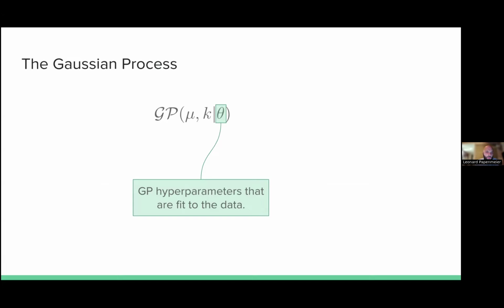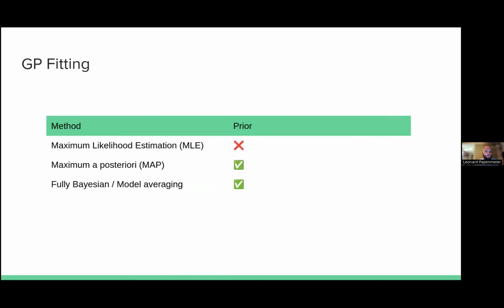And we discuss 3 main approaches for fitting the hyperparameters. So the 3 approaches are maximum likelihood estimation, or MLE, maximum a posteriori, or MAP, and the fully Bayesian approach, sometimes also called model averaging.